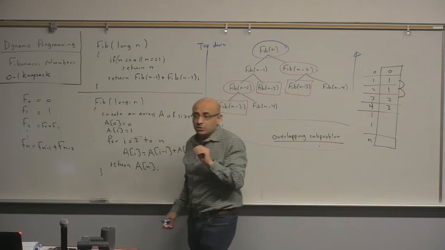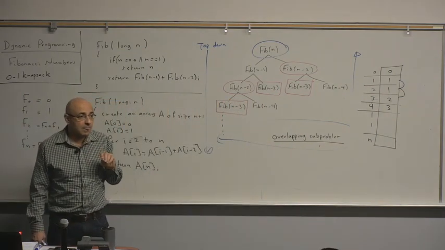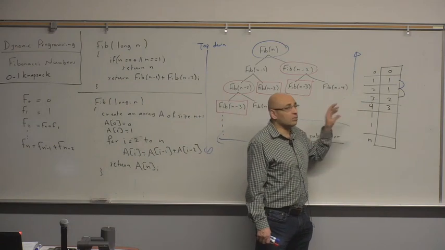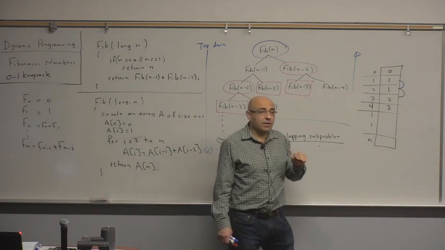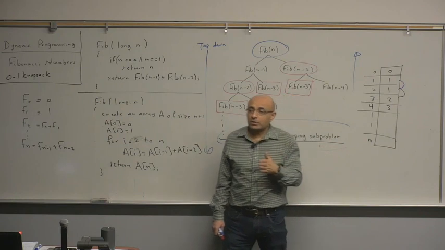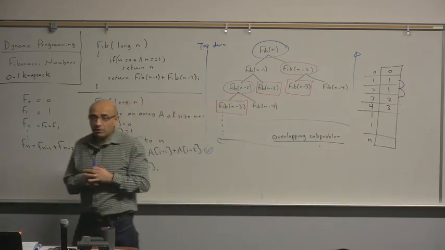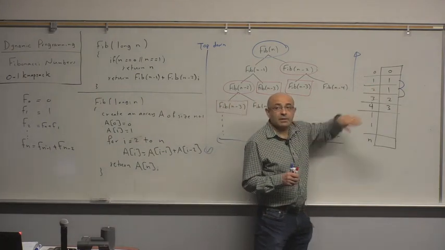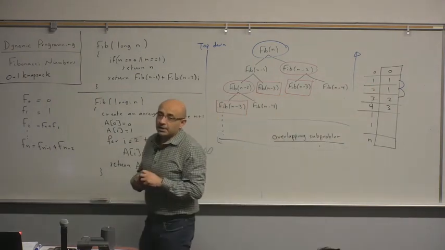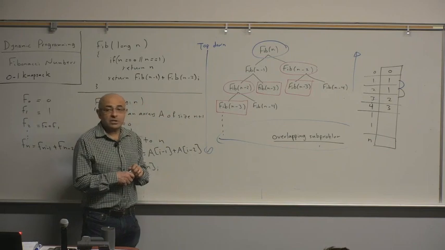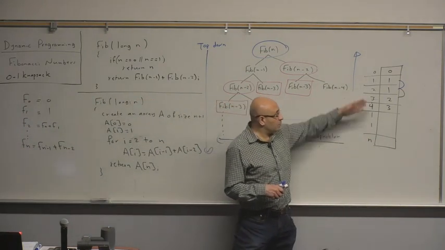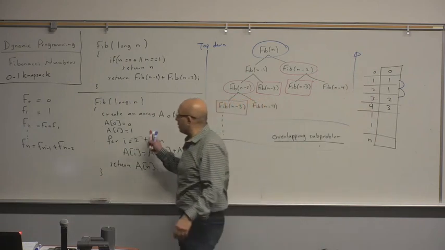So we're storing the solutions to the smaller subproblems, and whenever you need a solution to a subproblem, instead of recomputing it, you just look it up in the table. Solve subproblems, store the solutions to the subproblems in a table, and instead of recomputing a solution to a subproblem, you just look it up in the table and use it. And if you do that in the right order, you will get this algorithm.